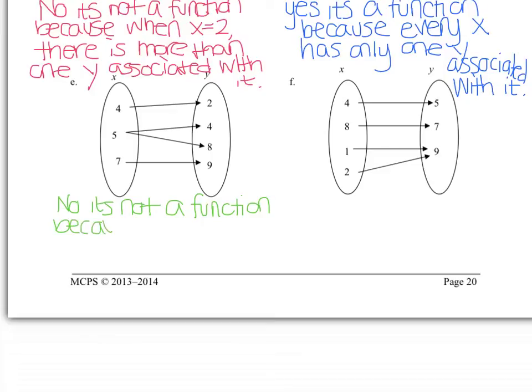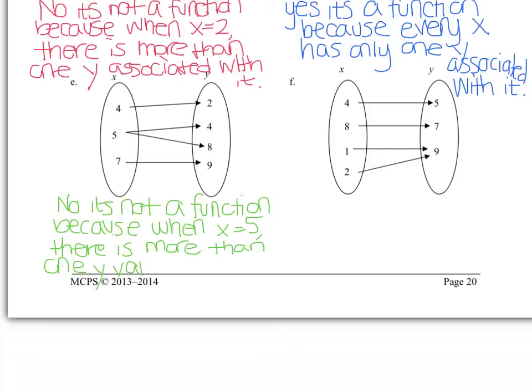Because when x equals 5, there is more than one y value associated with it.